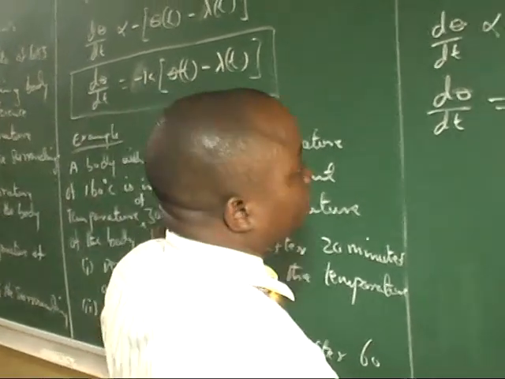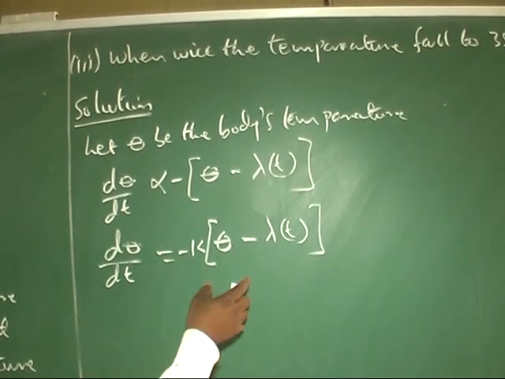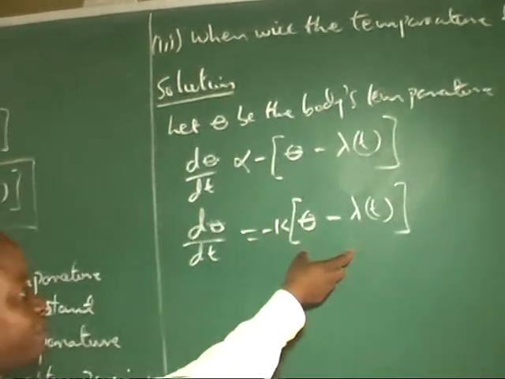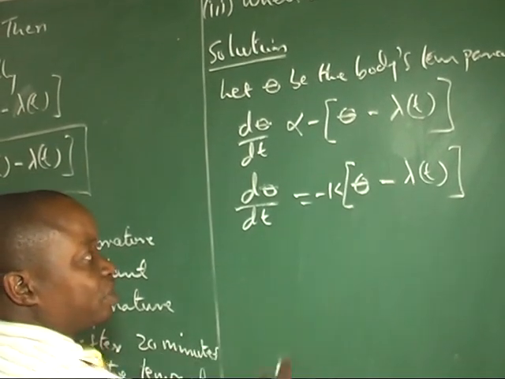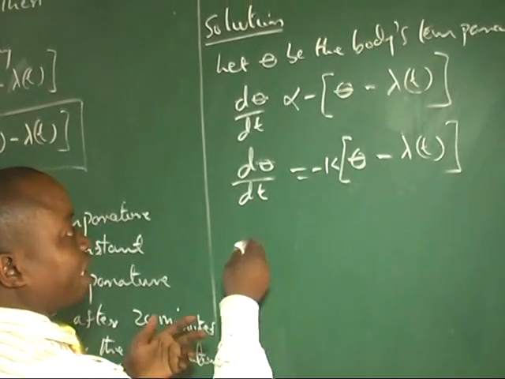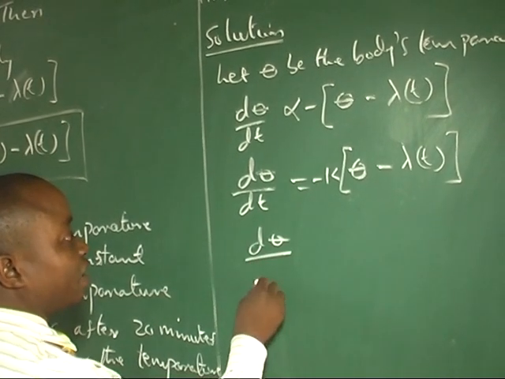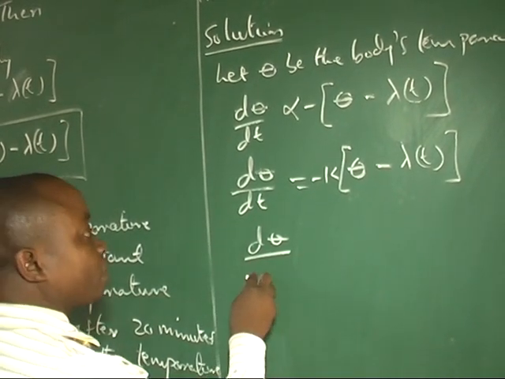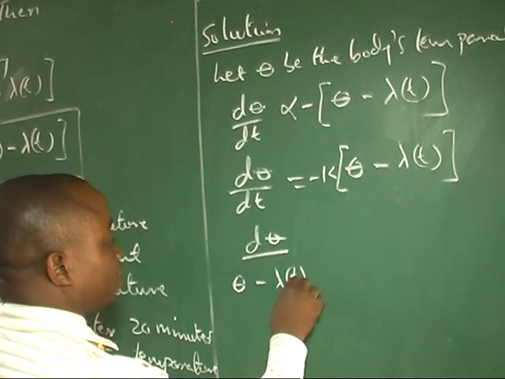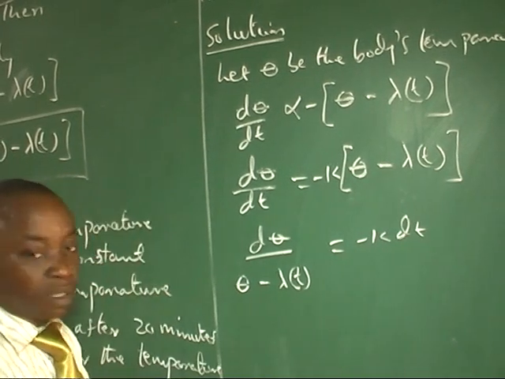So what it means there is that, if we look at it by separation of variables, we can do something here. If I separate variables here, what I will really have is d theta all over theta minus lambda of t will be the same as minus k dt.